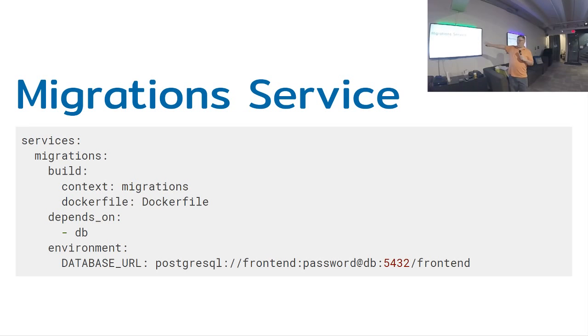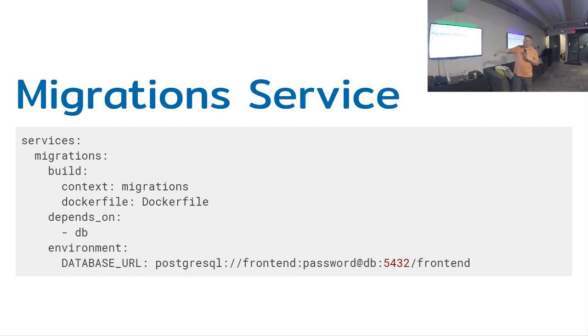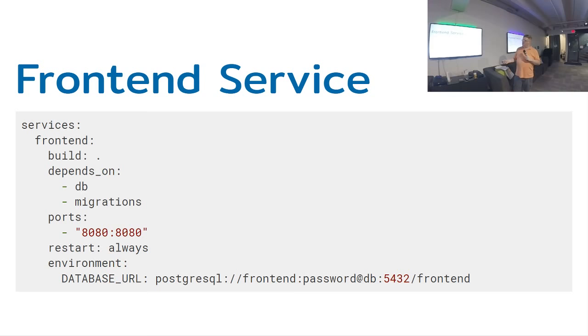So this definition here is basically saying when we build and up our migration service, just build a new image from that migrations directory, and then we pass it a database URL so that it can connect to our local database with the same details we fed the previous one. So password, front end, whatever, same thing. We feed that to the migration service so that it can connect and run the migrations.